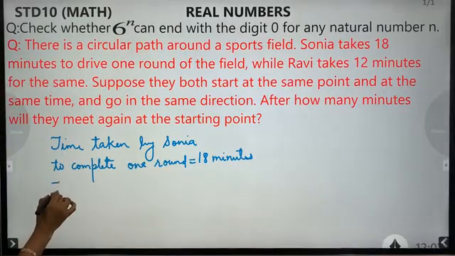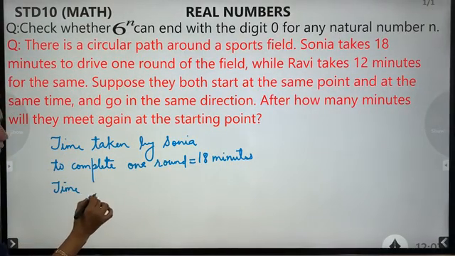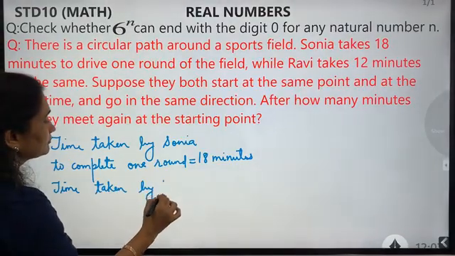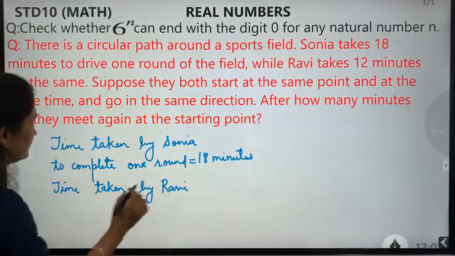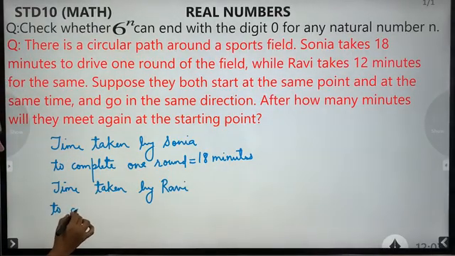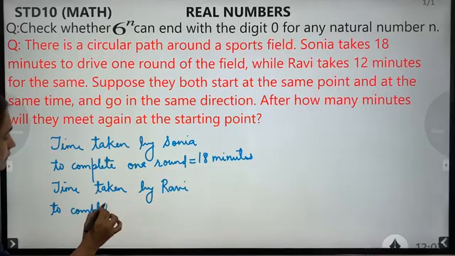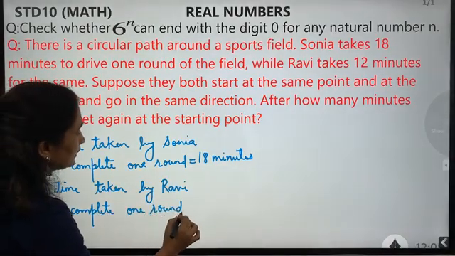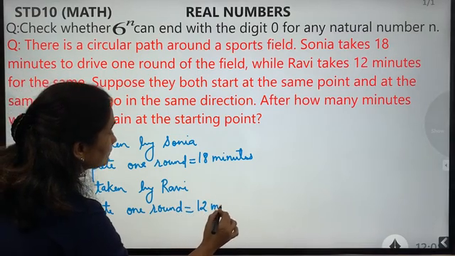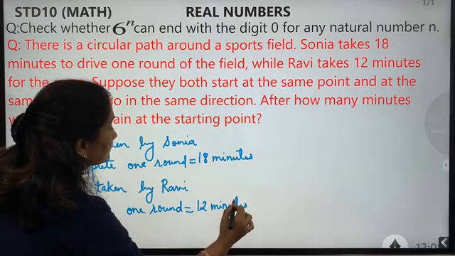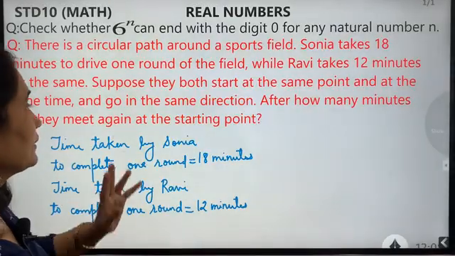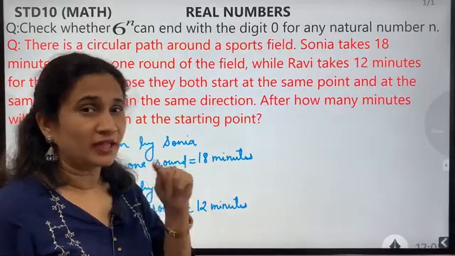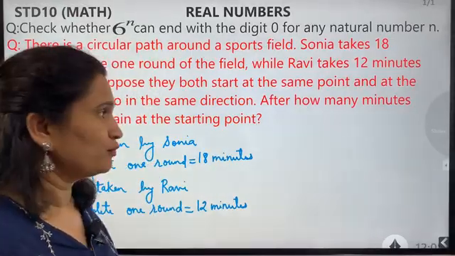Whereas time taken by Ravi for the same thing, to complete one round, will be 12 minutes. Correct? So time is given, but they are asking at what time will they meet together again. That time will be decided by the LCM of both the numbers.